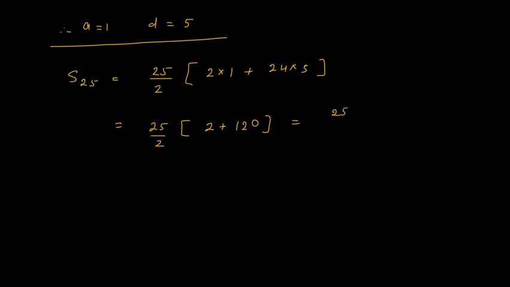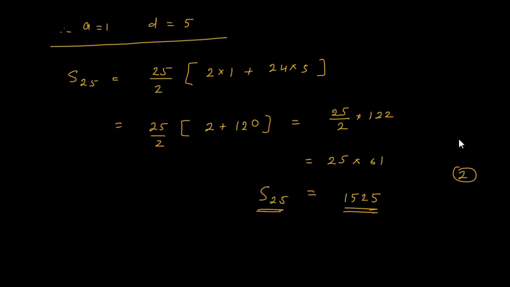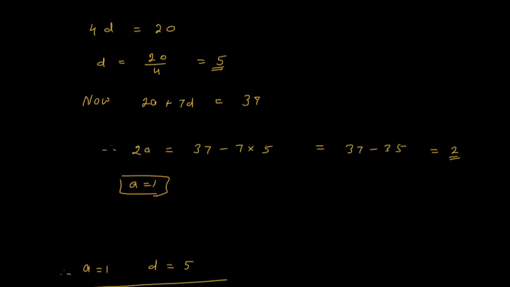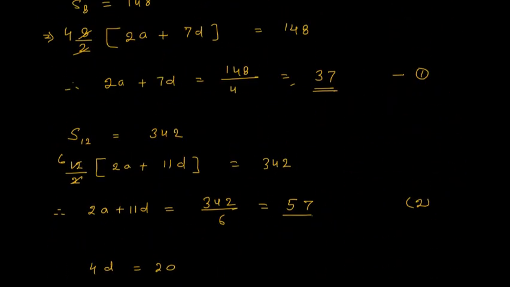So it is 25 divided by 2 multiplied by 122. So this will become 25 multiplied by 61. 25 into 1 is 25, 25 6s are 150, 150 plus 2, 152. So this is the sum of 25 terms. S25 is 1525.